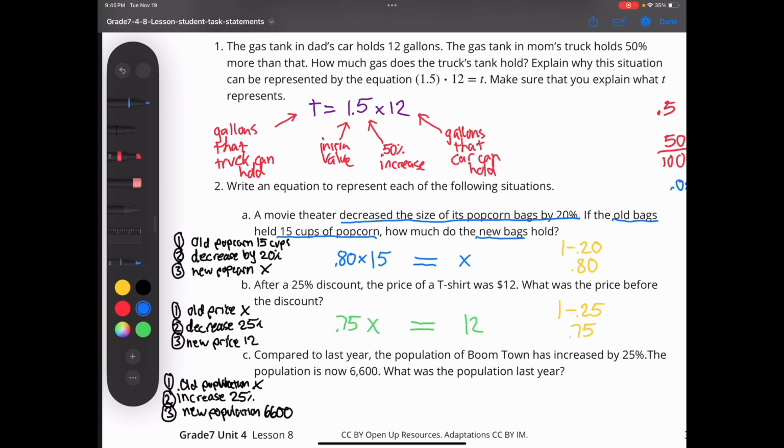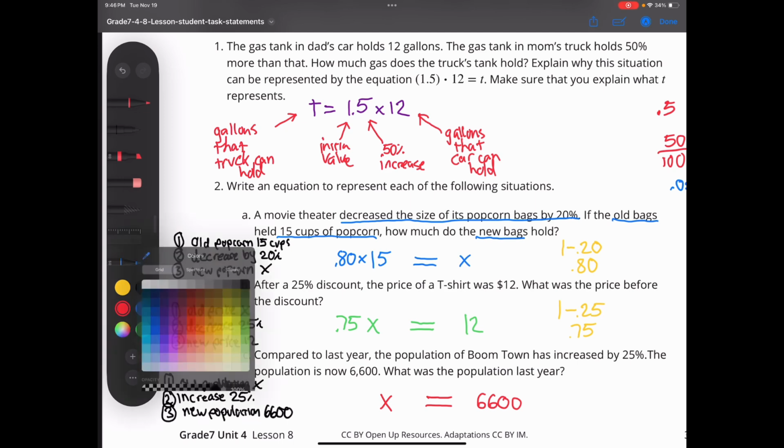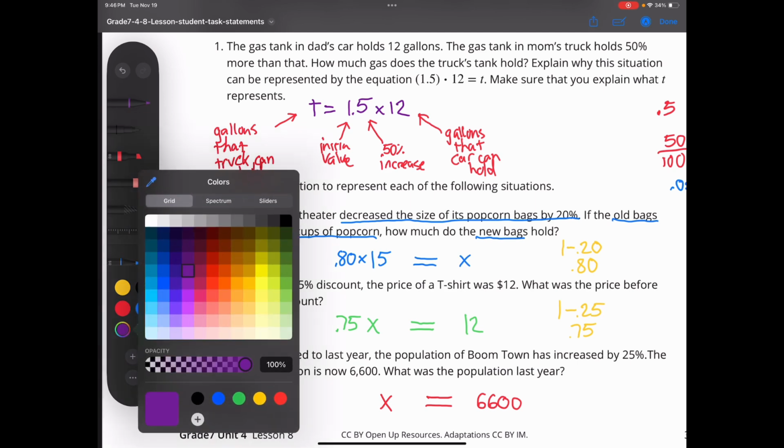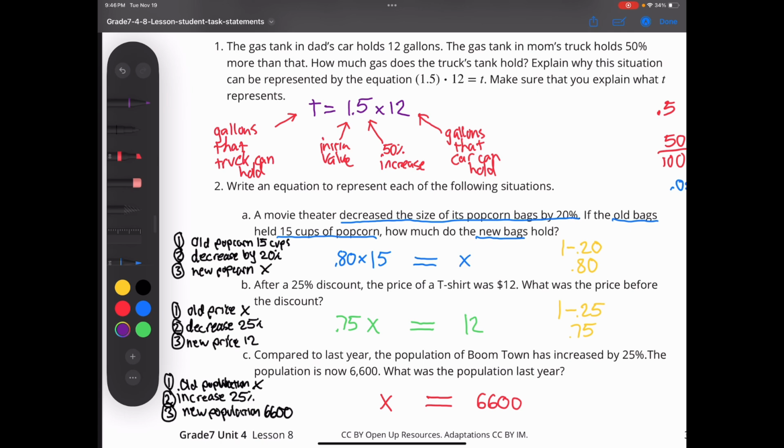And let's use red this time. So I'll start with my equal sign. And old population, so that's unknown. And then our new population is 6,600. And this time we are increasing the old population by 25%. Well, just like when you increase for interest, you add that to the original amount. So it's 1 plus 0.25.